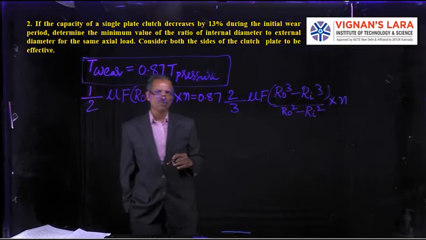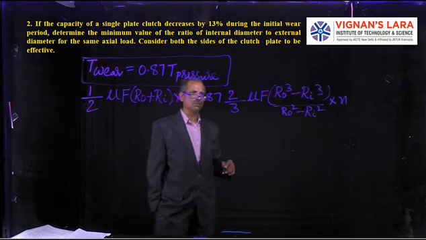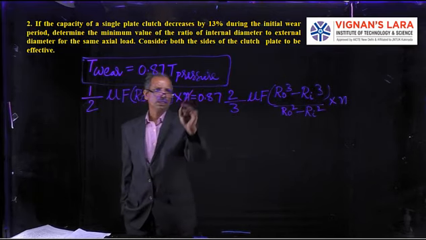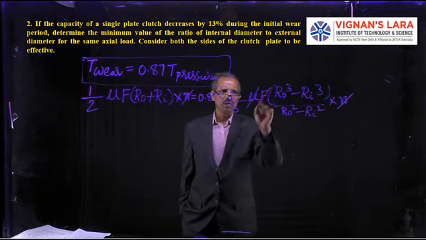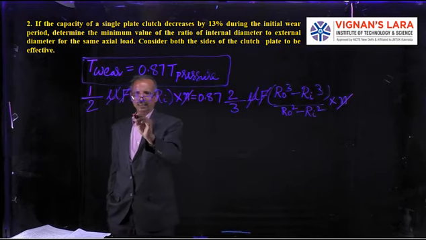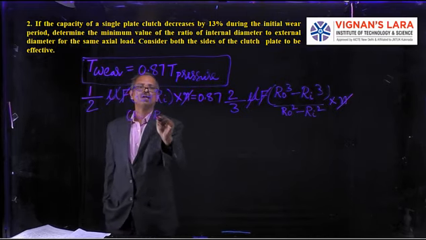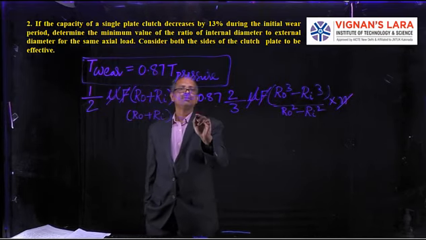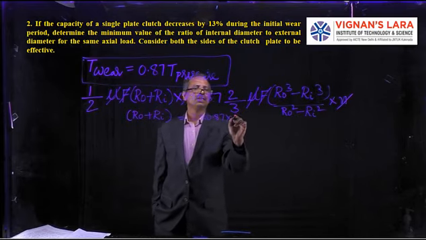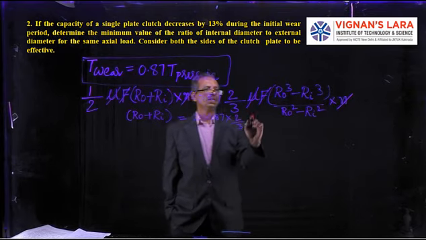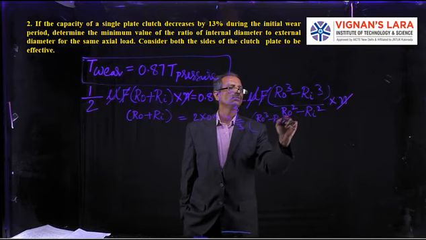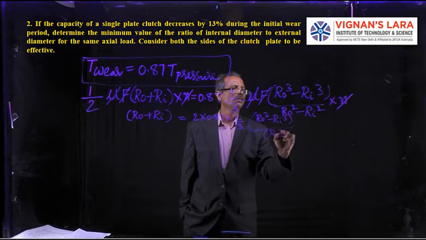I have written half mu F (R naught plus Ri) into N is equal to 0.87 times 2/3 mu F (R naught cube minus Ri cube) by (R naught square minus Ri square) into N. Here N gets cancelled, mu F gets cancelled. Then R naught plus Ri is equal to 2 into 0.87 into 2/3 into (R naught cube minus Ri cube) by (R naught square minus Ri square).